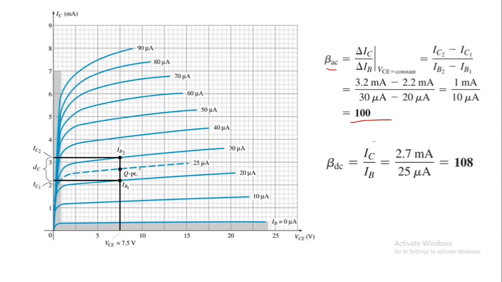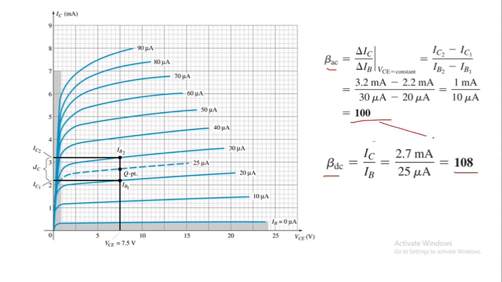At the value of IB equal to 25 microampere, we have beta AC equal to 100. We can find beta DC here by putting the value of IB as 25 microampere and the corresponding value of IC, which is 2.7 milliampere, and we get beta DC equal to 108.